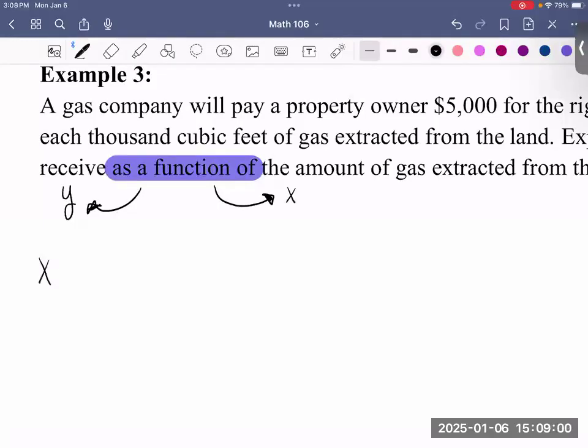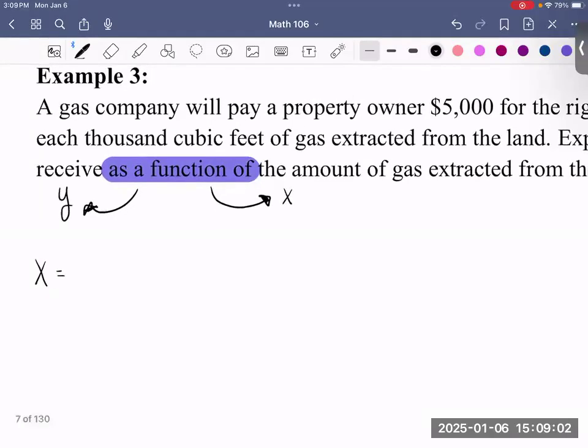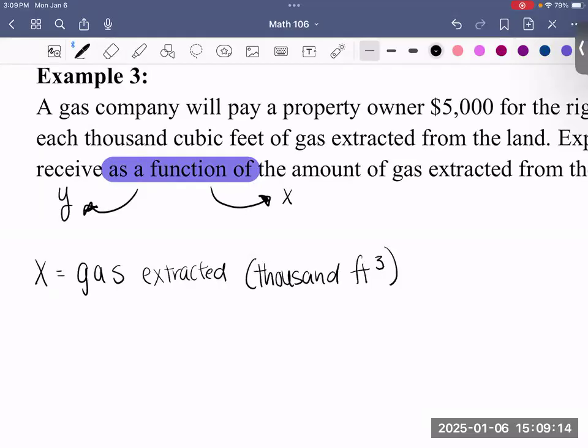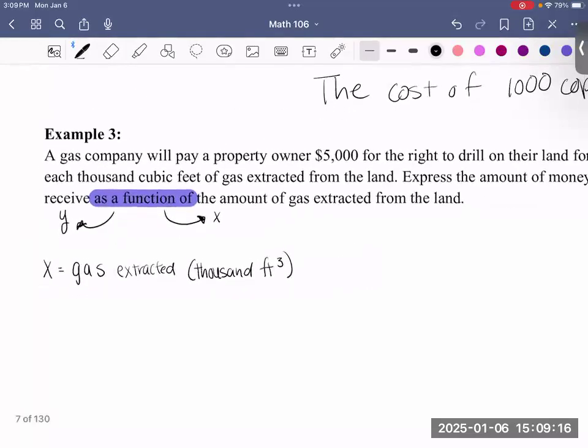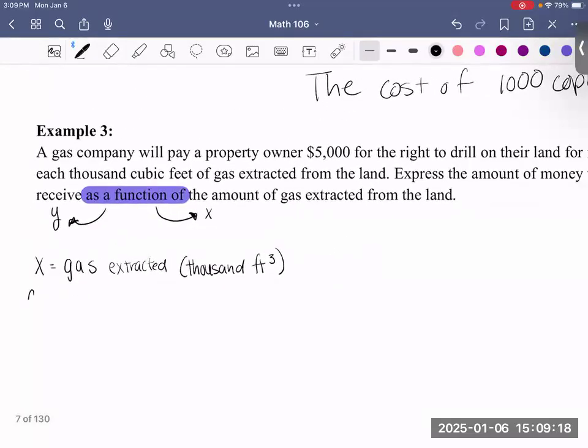So your x is being defined as the gas extracted. This is thousands of cubic feet. And your y value, again, maybe C of X, is going to be your cost.